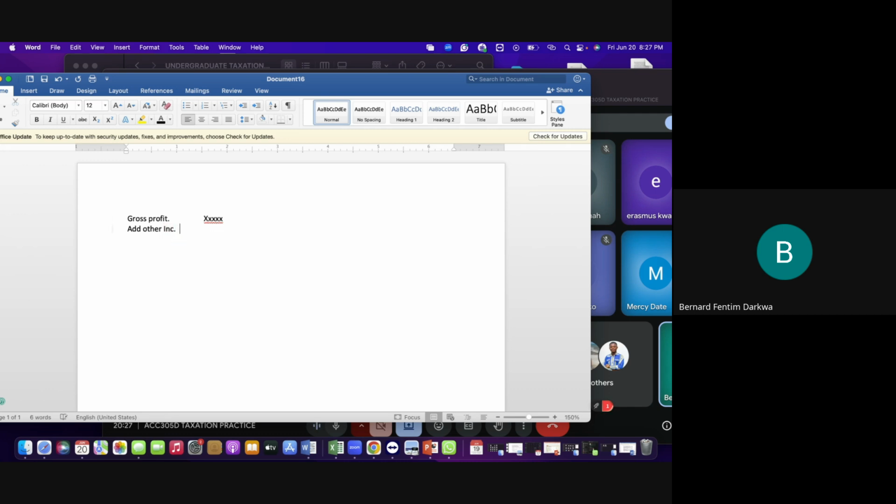So let's assume that other income like commission received, we have all of them here. Then we add it to this one to get total income. So let's assume that this is our total income. Then we less expenses.